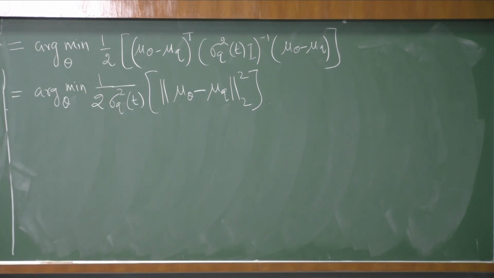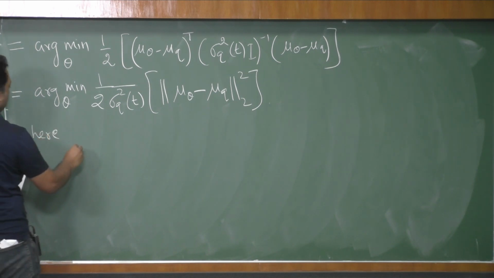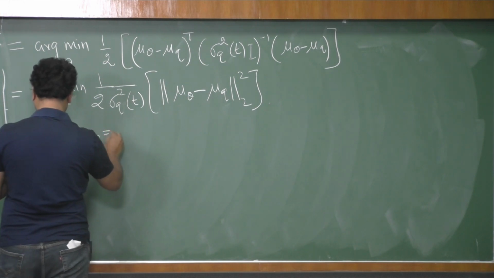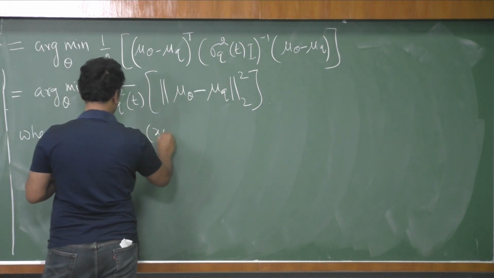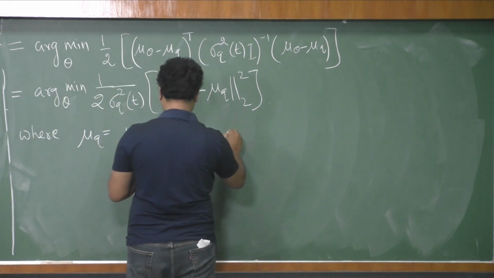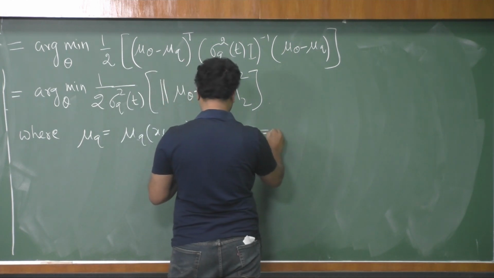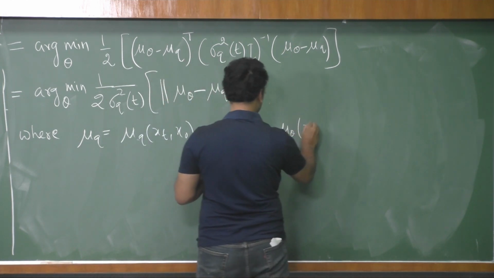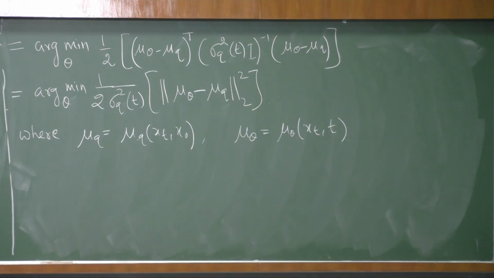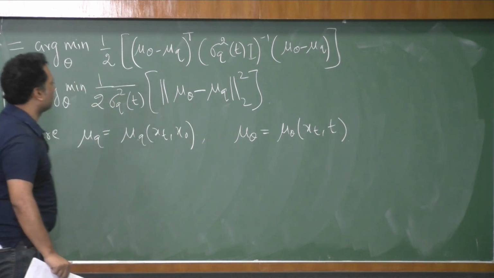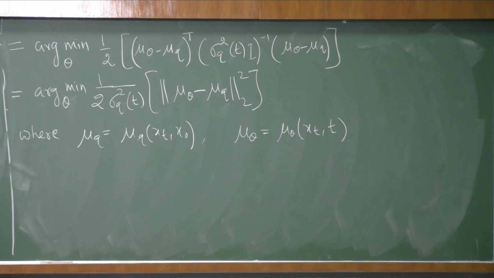Here we have used a shorthand notation, where mu q was mu q of xt and x naught, and mu theta was mu theta of xt and t. So what we really want is that the mean of the denoising process, which is given by mu theta, matches the mean of q, which is basically the noising process.